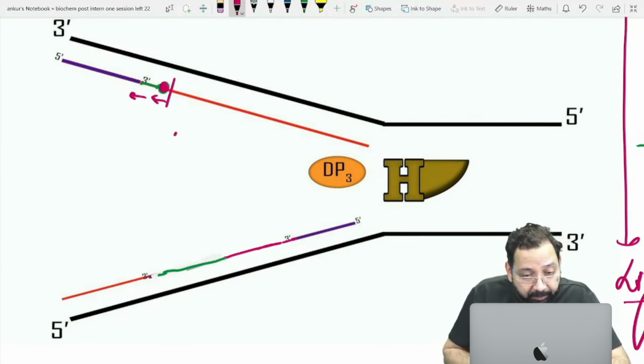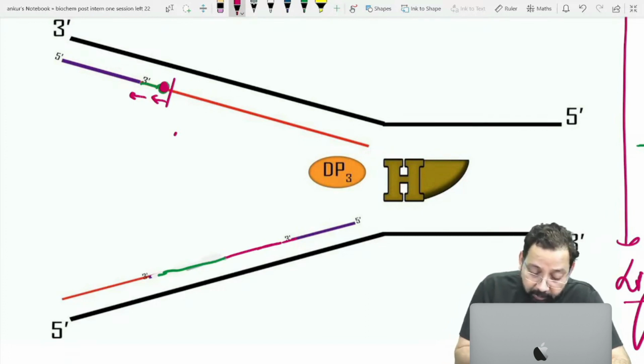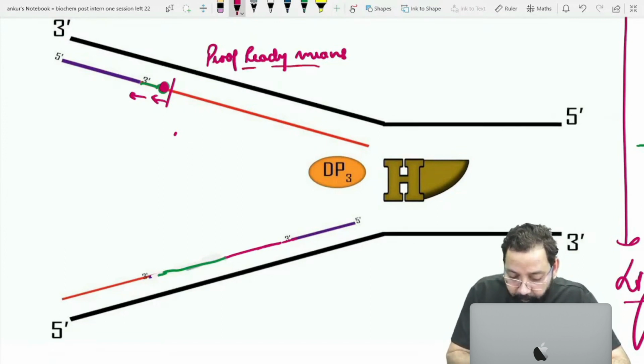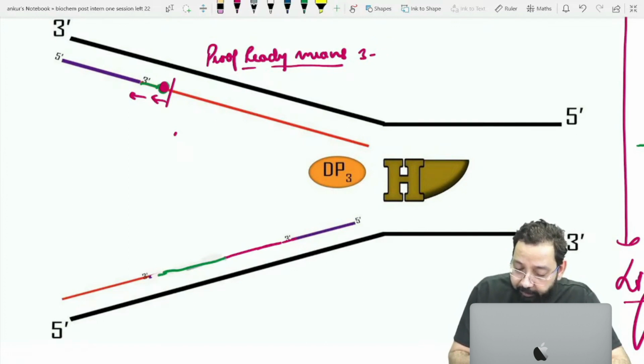So proofreading means 3 to 5 exonuclease activity.